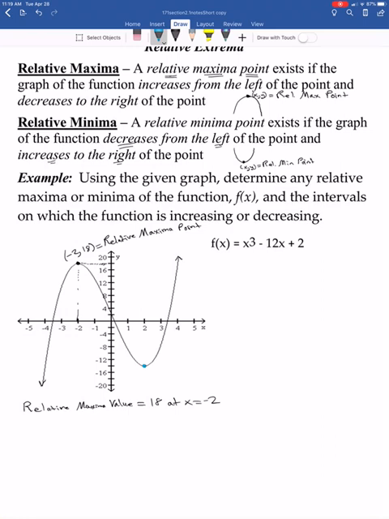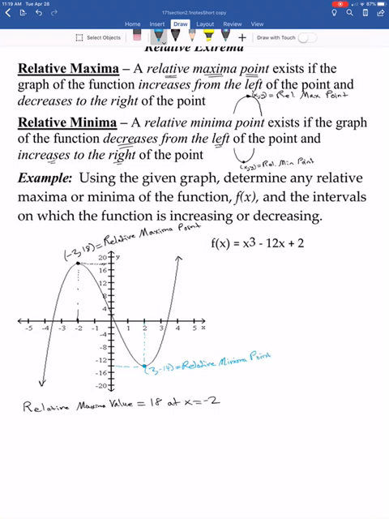And down here at this turning point, it decreases from the left of x equal 2, which is where our turning point occurs, our relative minima, and increases to the right of 2. So again, change in behavior. So let's write in that ordered pair. As we're looking at that point, that's the ordered pair of 2, -14. That's our relative minima point.